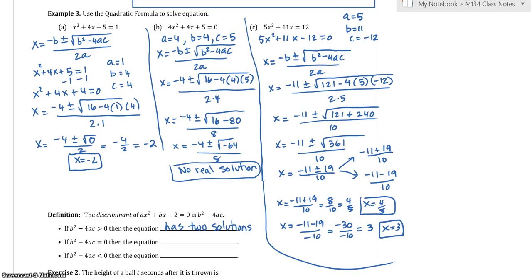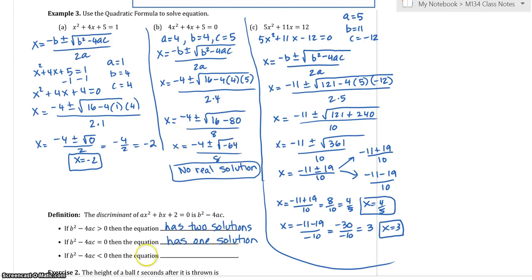When it was equal to 0, the first one was a case where it was equal to 0. See how that was equal to 0? There was only one solution, right? If b squared minus 4ac is equal to 0, then the equation has one solution. And finally, if this inside was negative, we saw that in that middle part B case, right?